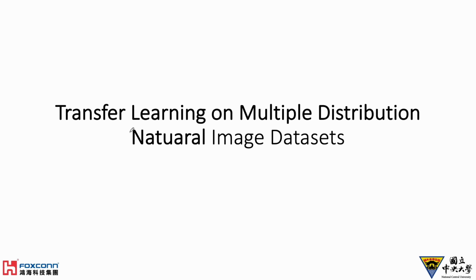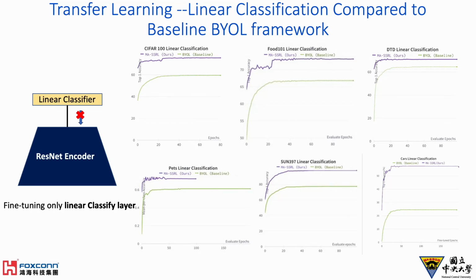We continue by taking the representation obtained in the self-supervised pre-trained stage and transferring it to multiple natural image datasets with different distributions, where we perform linear classification. We also benchmark against BYOL. Each figure represents one dataset: CIFAR-10, Food-101, DTD, Birdsnap, SUN397, and Cars. The image distribution differs across these datasets.